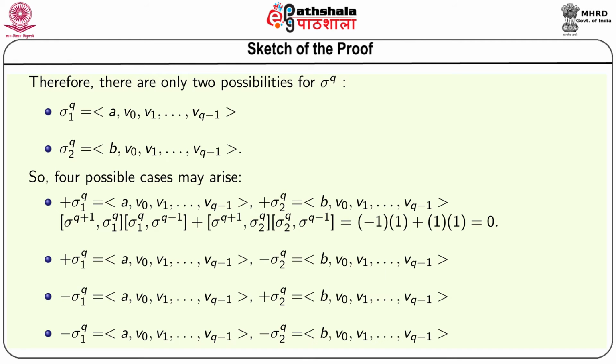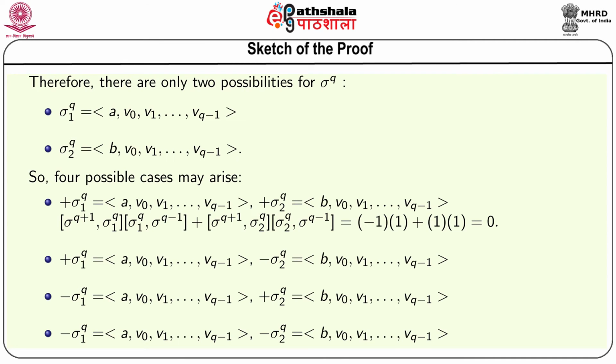On the other hand, sigma q plus 1 with sigma q2 has incidence number 1, whereas the last one, sigma q2 with sigma q minus 1, is also 1. So, if you take the product and take the summation of all these products, we get the value equal to 0.